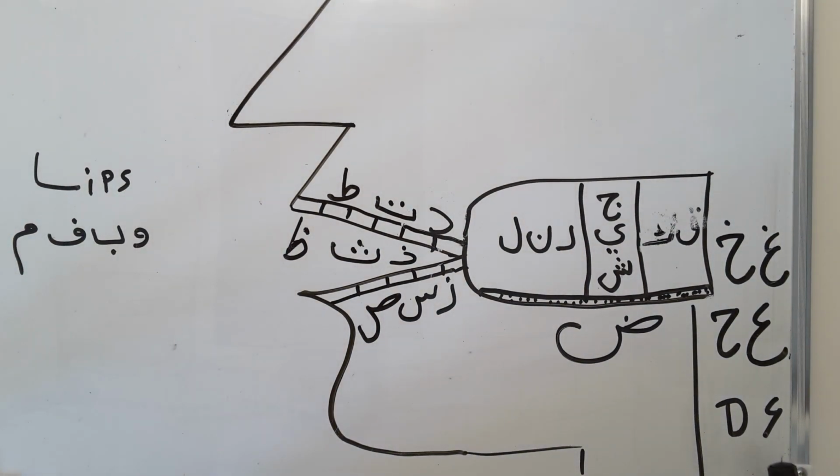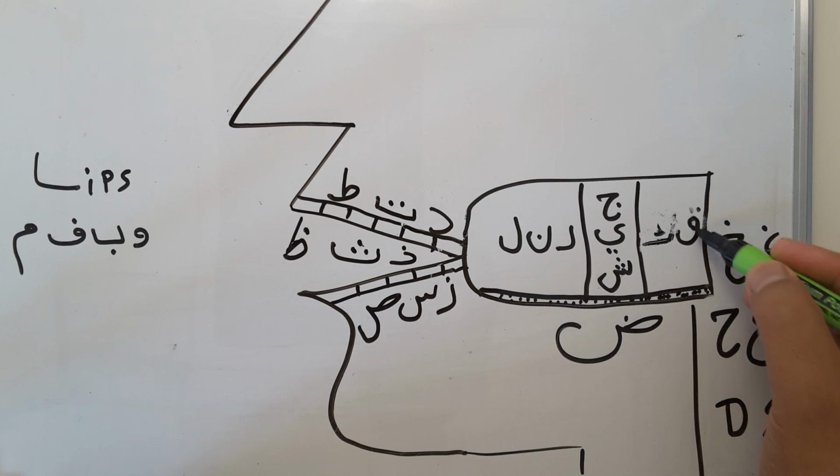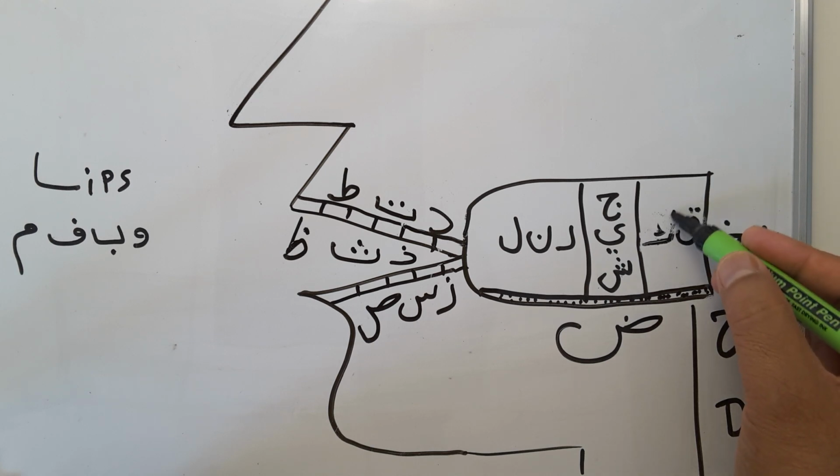Deep in the throat, we have letters like Hamza, and here I'll include Alif with Hamza as well, Alif Hamza together, okay? And we have Hamza, Ha, Ain, Ha, Ghain, Kha, and we have a Qaf and Kaf.